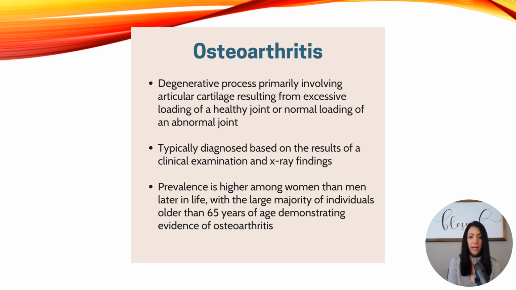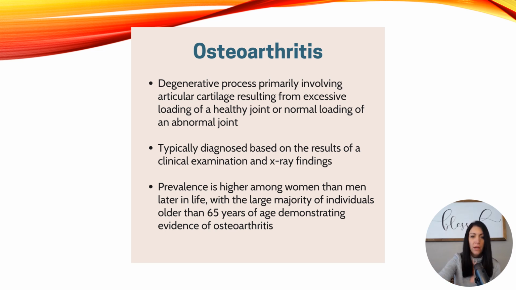It's usually diagnosed based on x-ray findings, and the prevalence is higher among women than men later in life, largely because of those older than 65 years of age, who will demonstrate evidence of osteoarthritis. The most common sites for OA are the fingers, the hips, and spine. Less common sites include the ankle, wrist, and elbow.